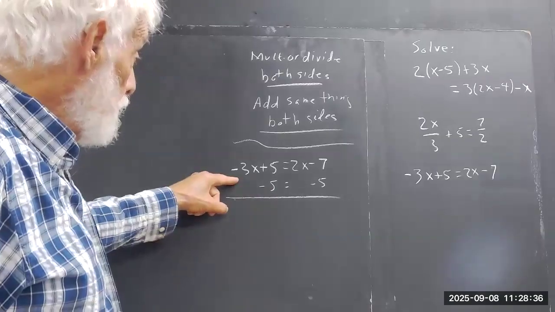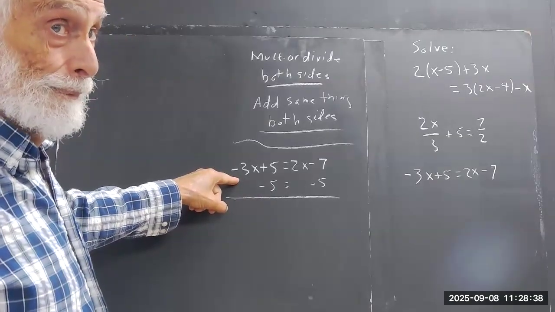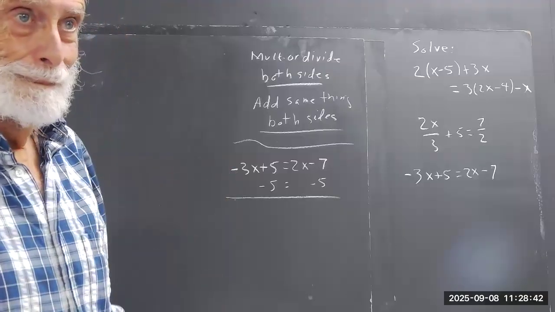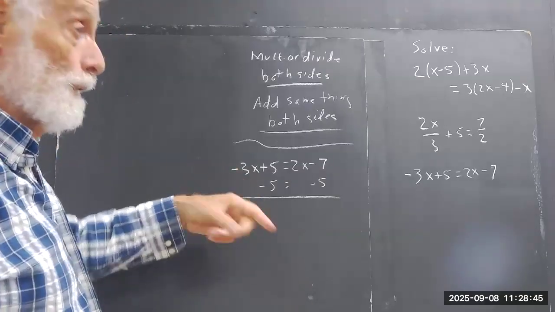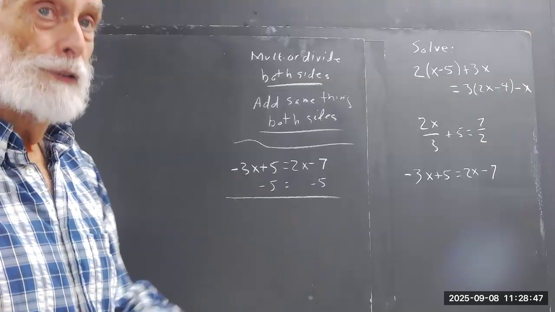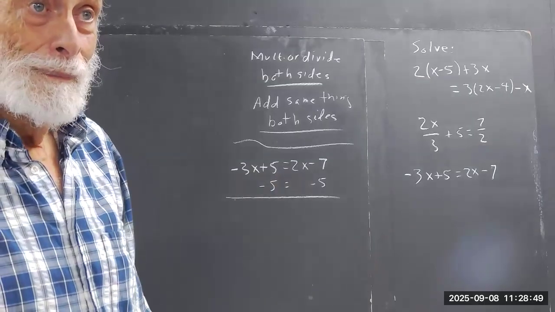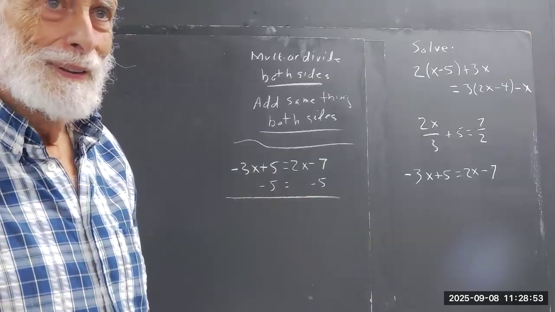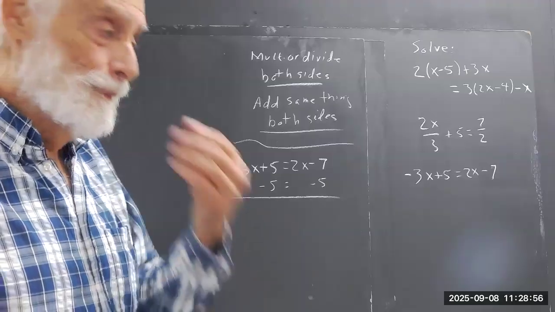You also can't add that -5 to that -3. And you can't get rid of that -3x by adding 3, because that's 3x, and 3x plus 3 depends on what the value of x is. You can't say that -3x plus 3 is x. Okay?